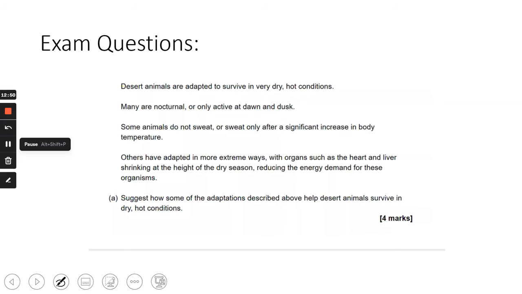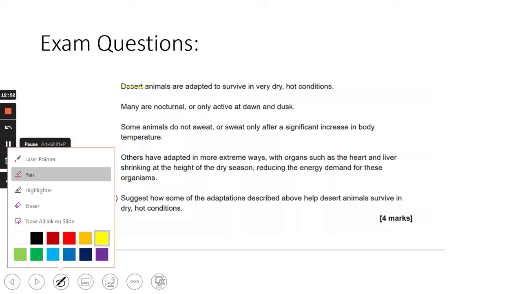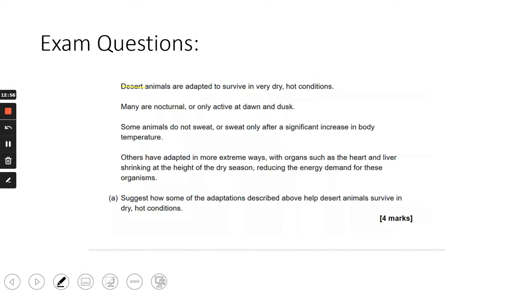So desert animals are adapted to survive very hot, very dry and hot conditions. So they're nocturnal, so active during the dawn and dusk.